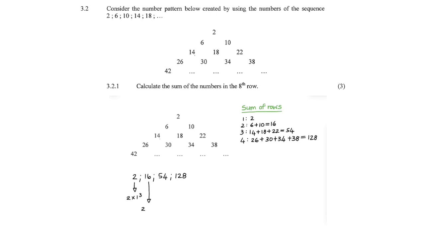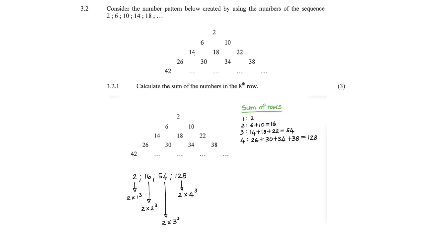This is the second value. 2 times 2 cubed is equal to 16. What about the third value? 2 times 3 cubed is equal to 54. What about the fourth value? 2 times 4 cubed is equal to 128.